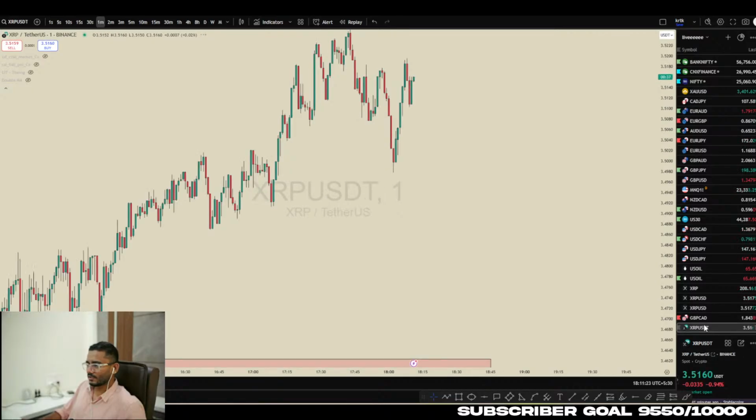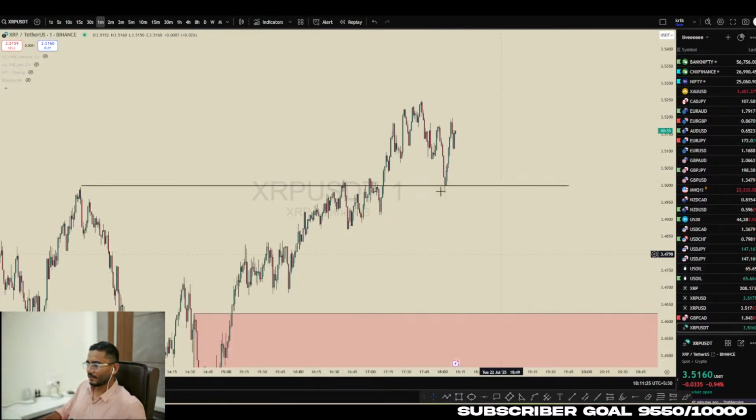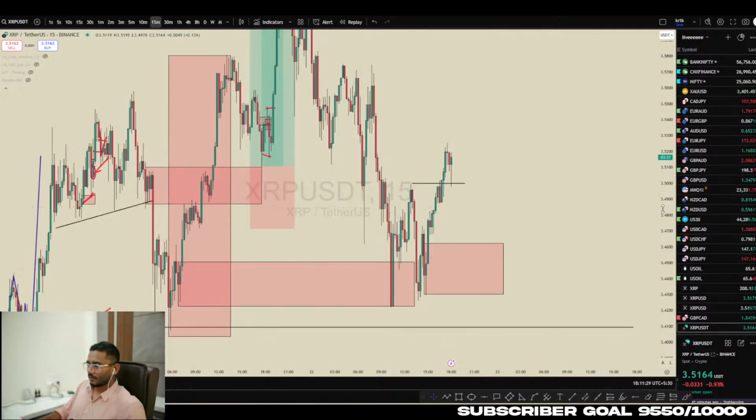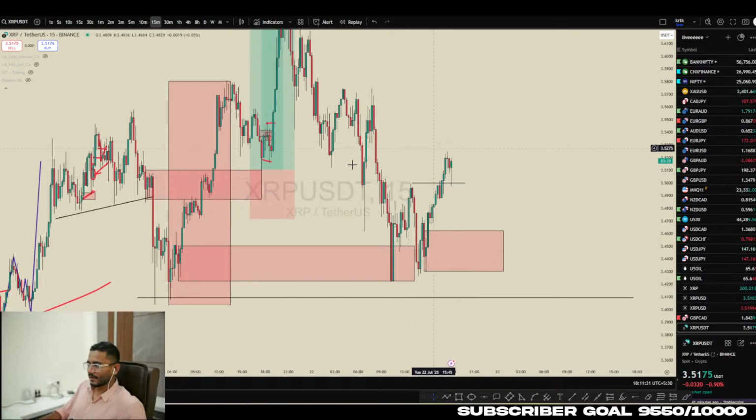On XRP USD or USDT also, as I said, we have this reaction, but still price is continuing, because this was the candle, like this high swept out these lows. That's why it reacted from this order block, like this high. It's called structure mitigation.